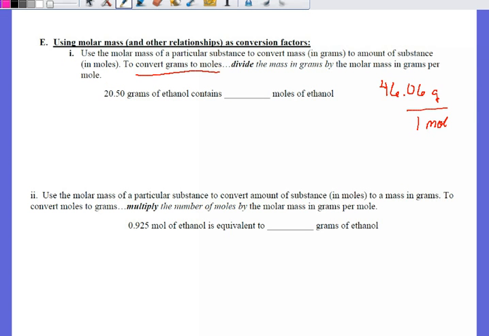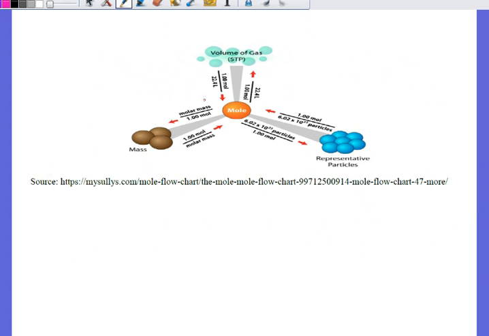In your book you have a great little diagram that shows you stuff like this, and then here's one from this website that's a really good example of how, if you have mass, to get to moles. That involves using your molar mass to do that.